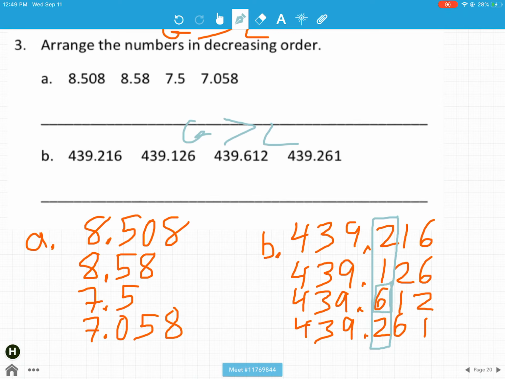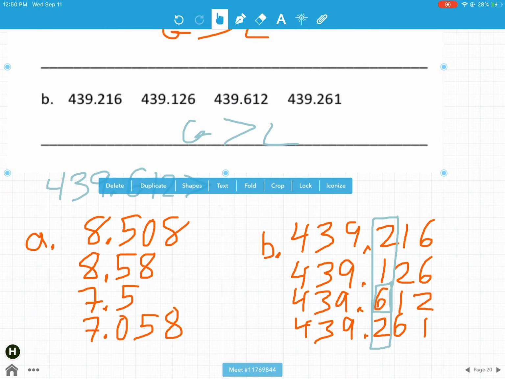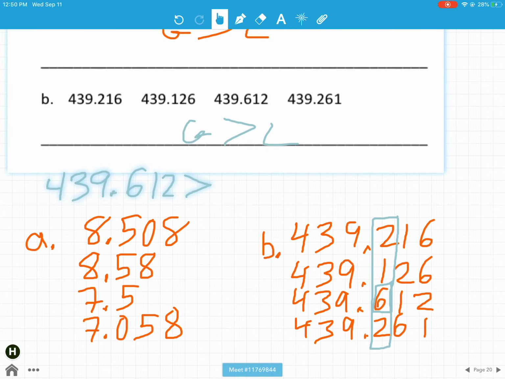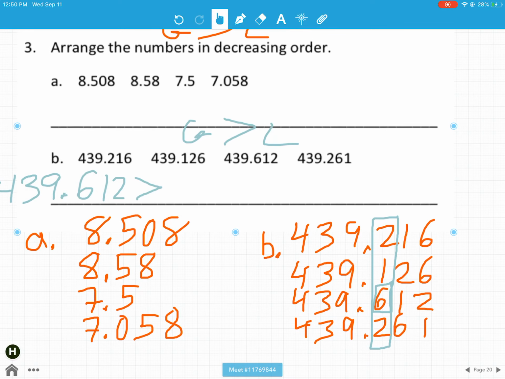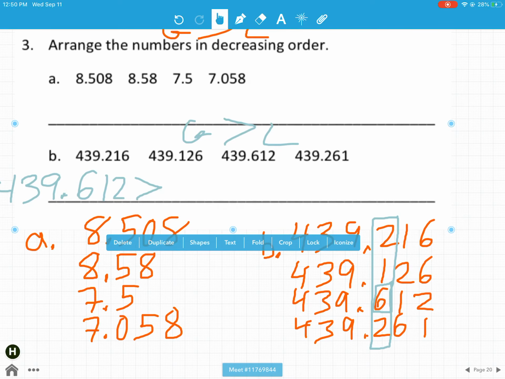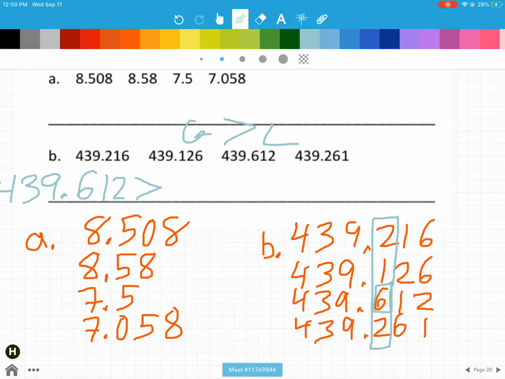So I'm going to copy that one, 439 and 612 thousandths is greater than, all right, and then we have two 2's.